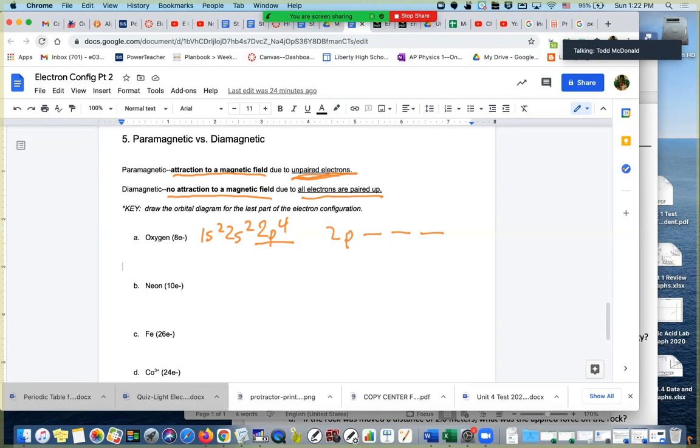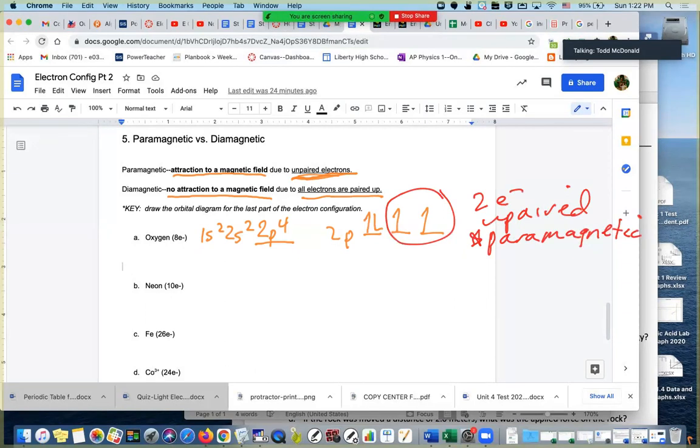So 2p4, remember there's 3 p orbitals. So I go 1, 2, 3, and then I put my fourth one there. If you look closely here, I have 2 electrons that are unpaired. Because we have unpaired electrons, we would call this paramagnetic.